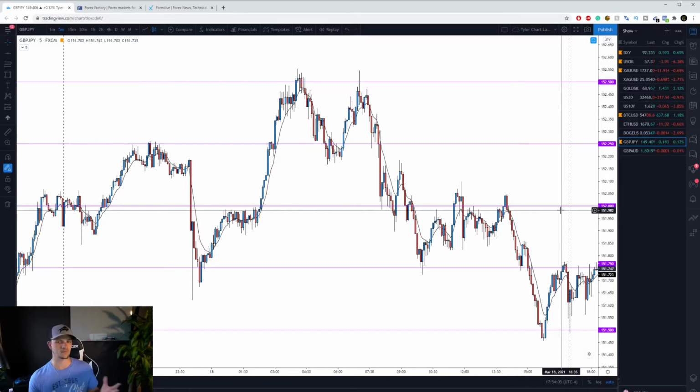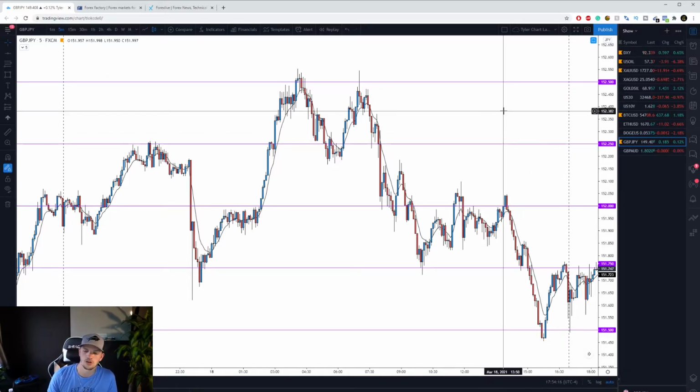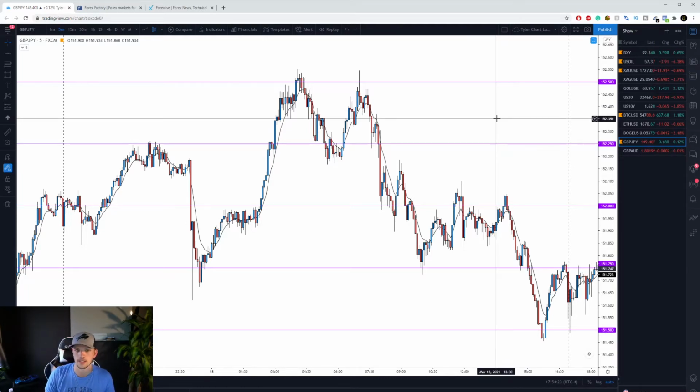You can use them as take profits, stop losses, entries, whatever it may be. These levels come to be very useful in Forex. If you're having trouble figuring out where some support and resistance are, if you drop the quarter points, you probably won't even need to look for support and resistance again.